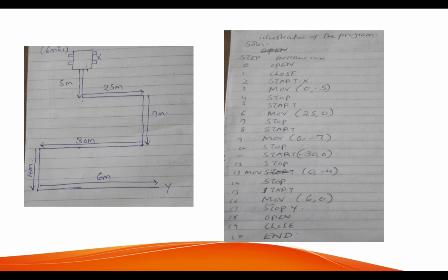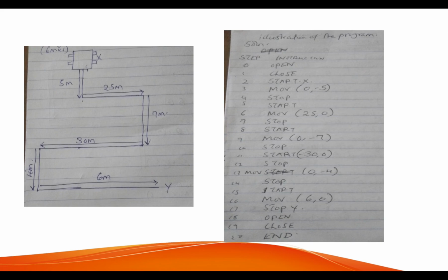Then you'll have to stop, start again, and if I look at my 25 from the diagram, it's on my right, so if it's at point 0, 0 and it's a coordinate, then it's making a positive movement. So I'll write move 25 because it's affecting the x-axis, the y-axis is not being affected, so I'll write 25, 0.